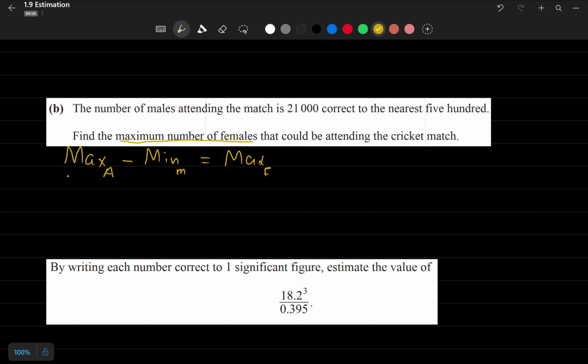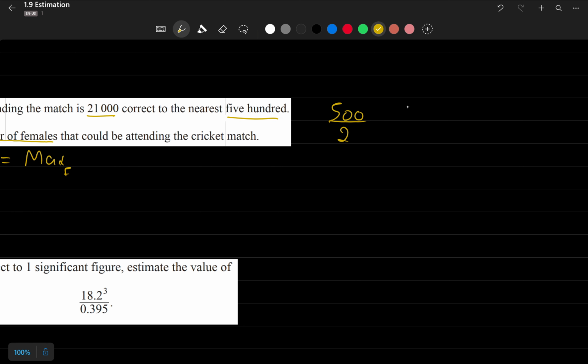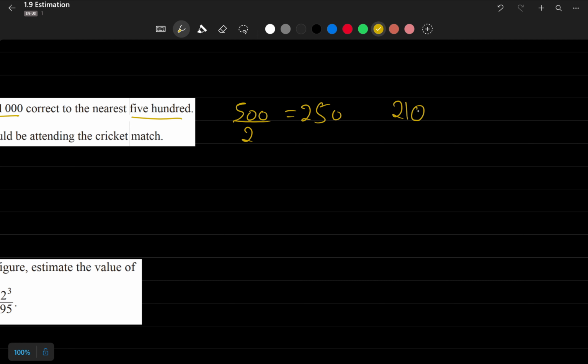So maximum number of attendees are 36,000 plus 500 minus 1. So 36,499 minus minimum number of males. We have 21,000, correct to nearest 500. So 500 divided by 2, now we get 250. 21,000 minus 250, 20,750.